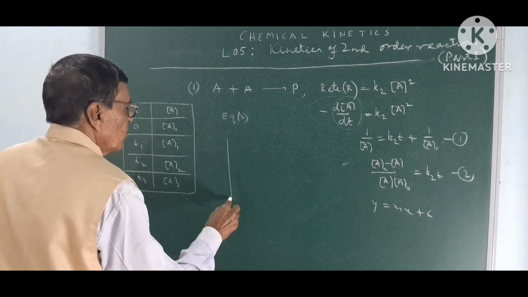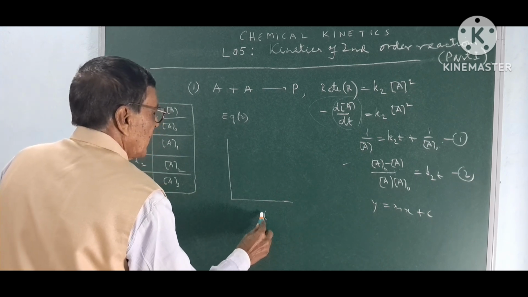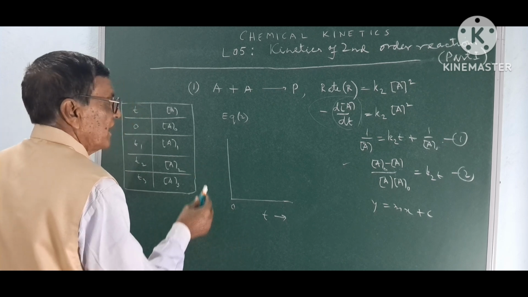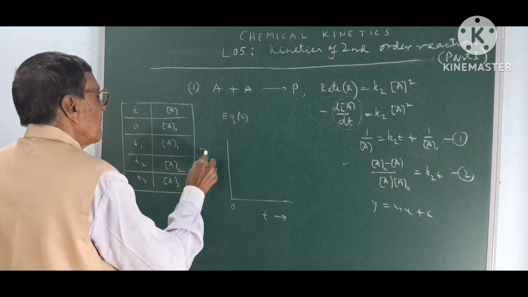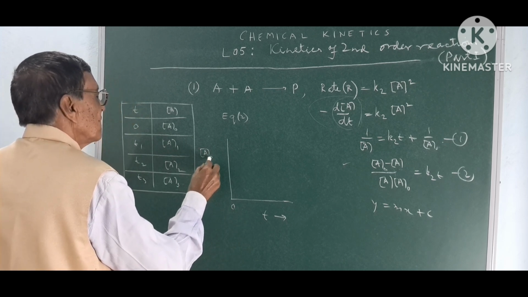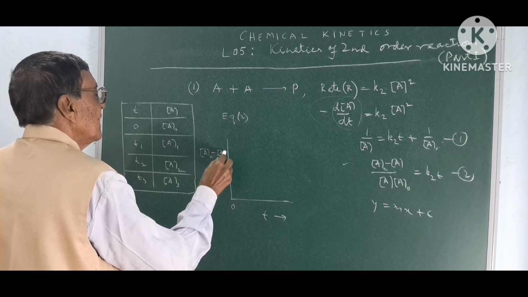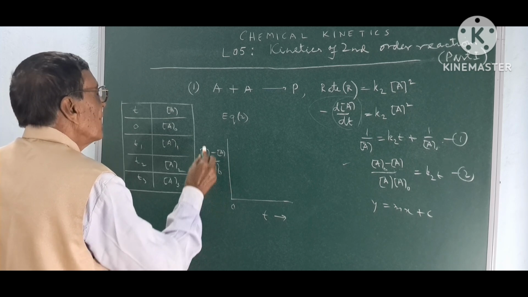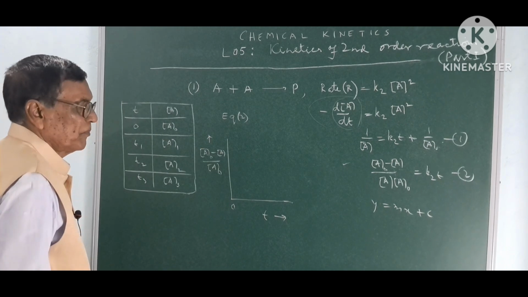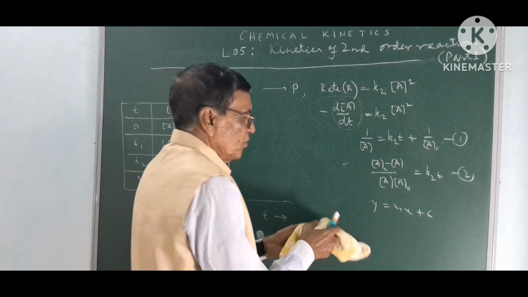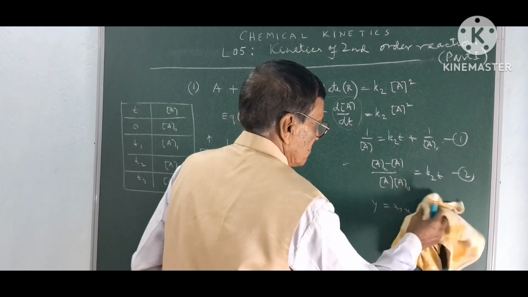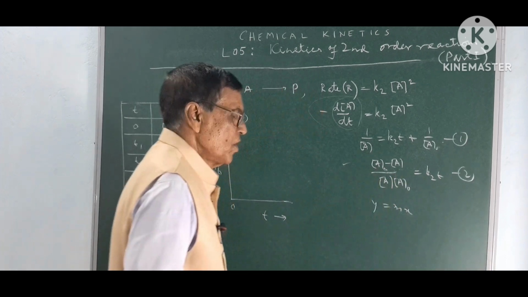Here t is the x-axis, here it is 0, and the y-axis is A naught minus A divided by A naught. If you do the plot, then this plot will be like y equal to mx, so simply a straight line passing through the origin.